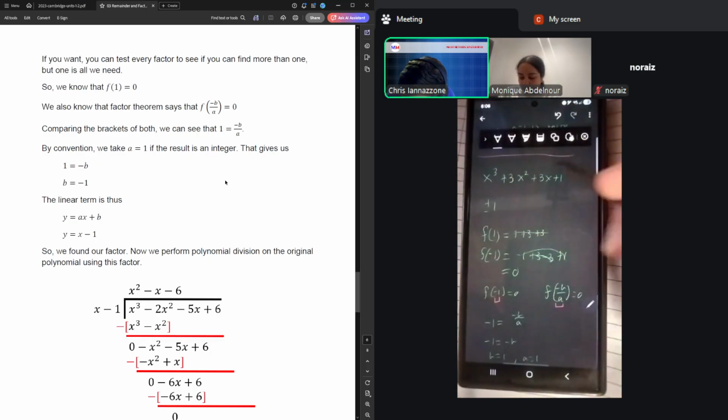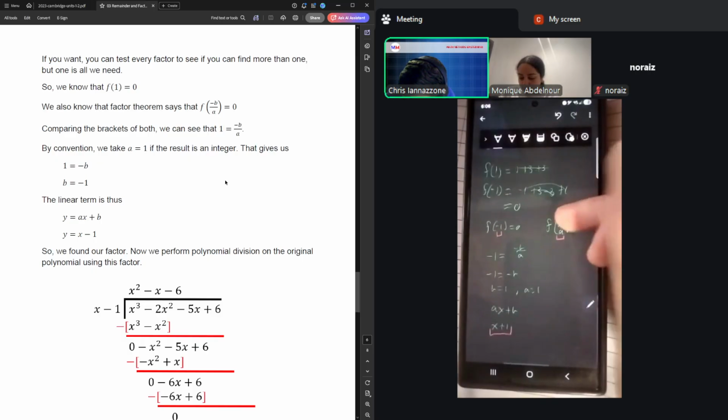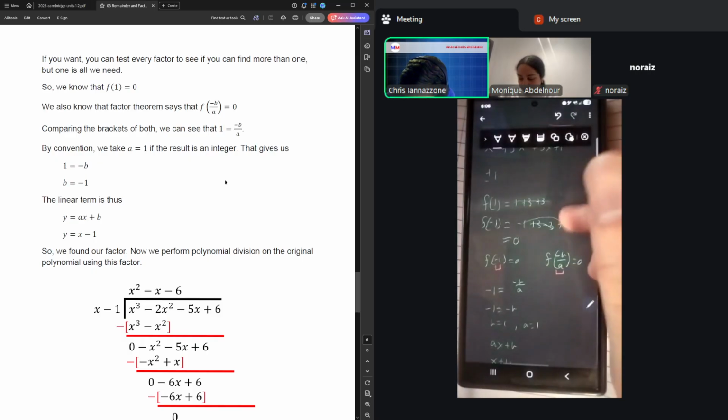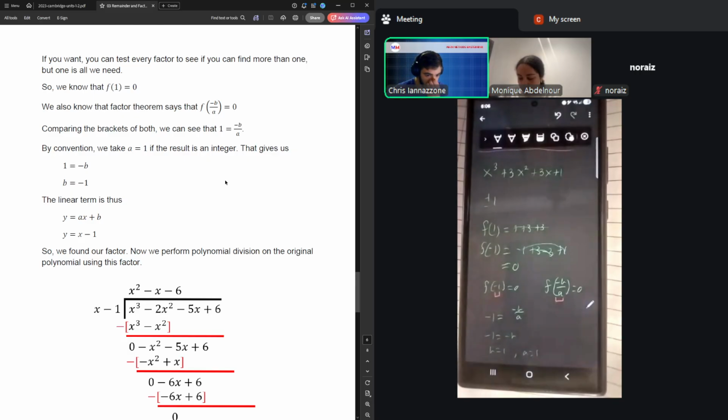but we still have this big polynomial, and we need to figure out what x plus 1 actually helps us do with factorizing this big old polynomial.